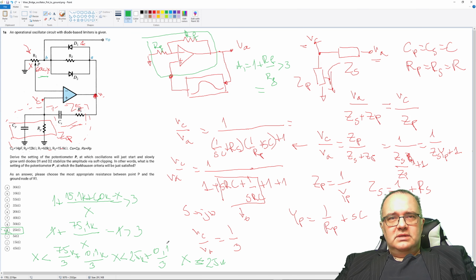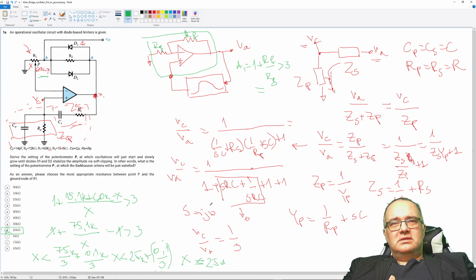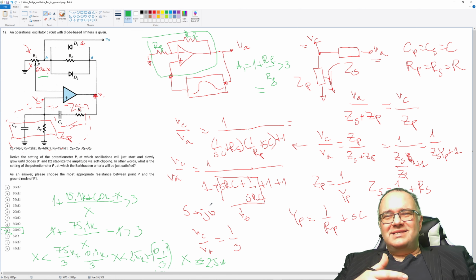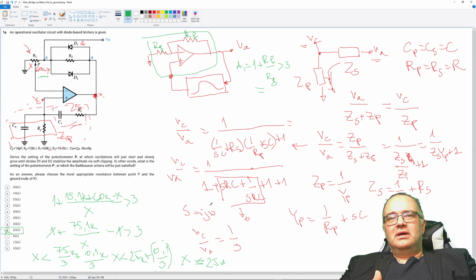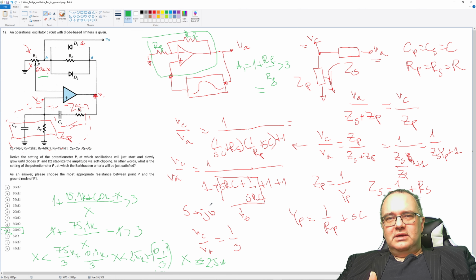Now you can see that we got this term, and this is that the answer we give should be in such a way that the forward gain exceeds just a little bit the Barkhausen criteria for oscillation, so it provides a little bit more gain than the damping.